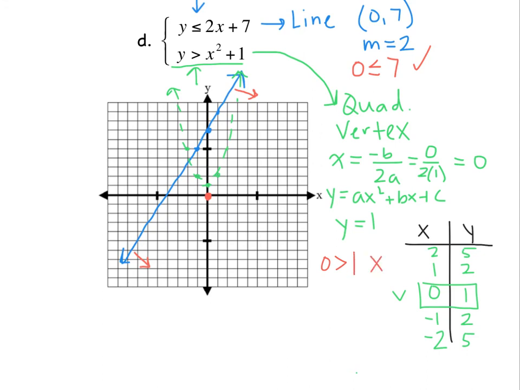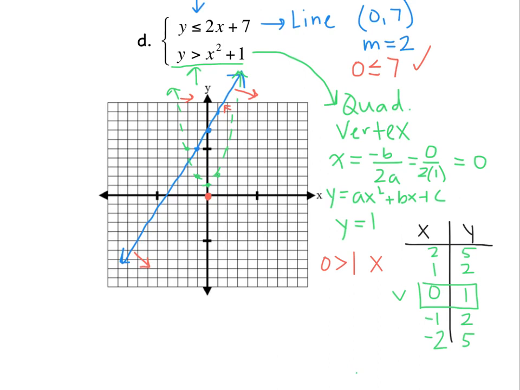Which is false. So since that point is outside of the parabola and it's false, that means for our parabola, we would be shading on the inside of it, okay? So I kind of make that note here.